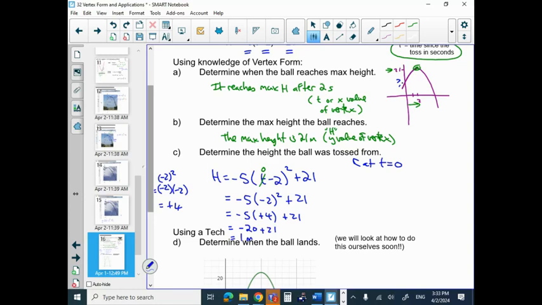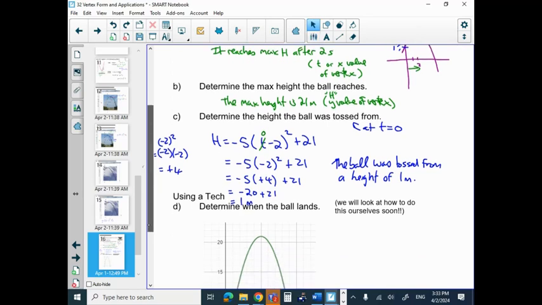So this number here should actually be a 1. Okay, so the conclusion is the ball was tossed from a height of 1 meter.